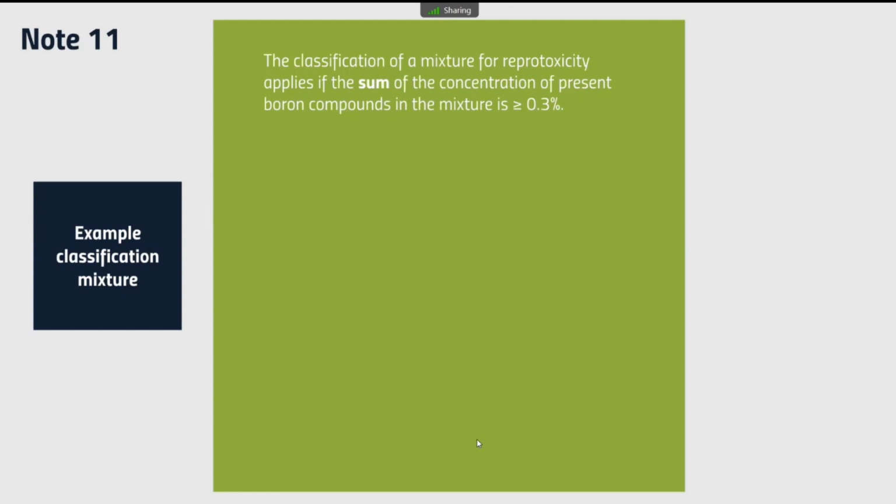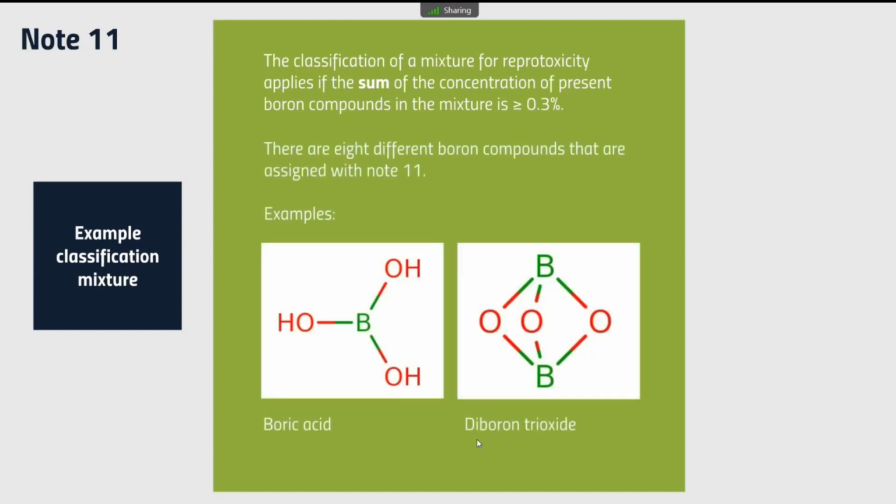So which boron compounds have this note 11 introduced in ATP 20? There are 8 different boron compounds, and we have 2 examples mentioned here. On the left side, you can see boric acid, and on the right side, you see the molecule structure of diboron trioxide.